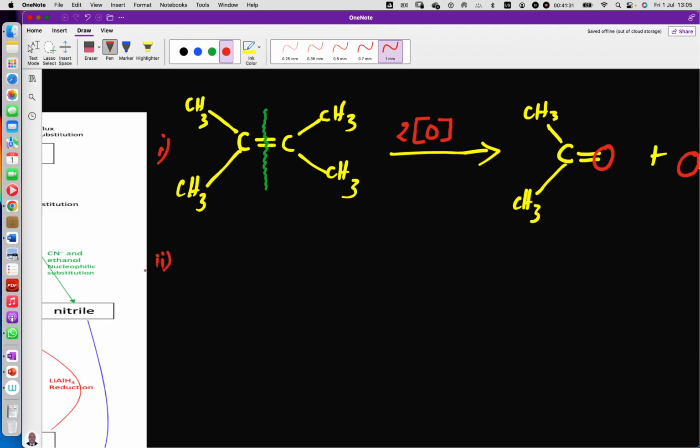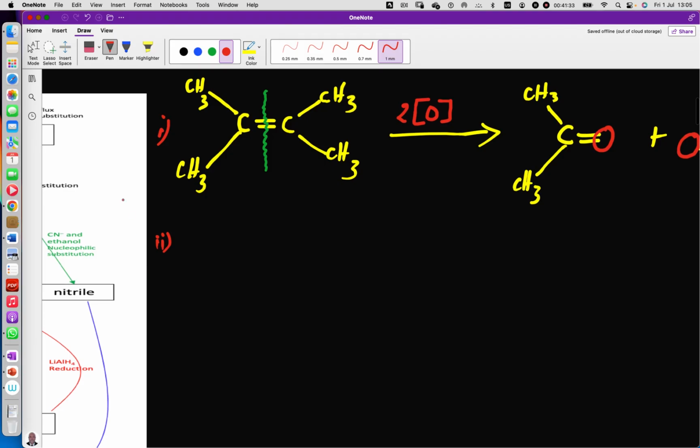Should we have an alkene that has an alkyl group, like a methyl group, and a hydrogen on one side, this is what is going to happen. We have this carbon.